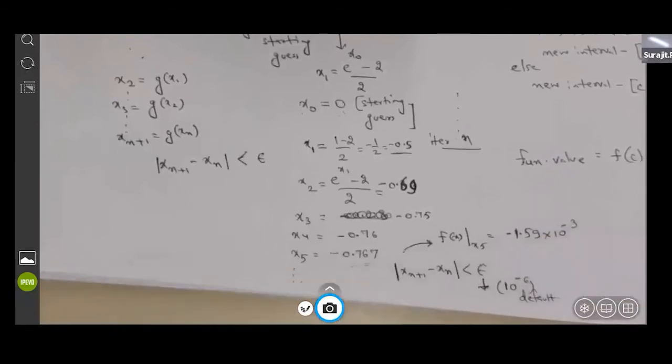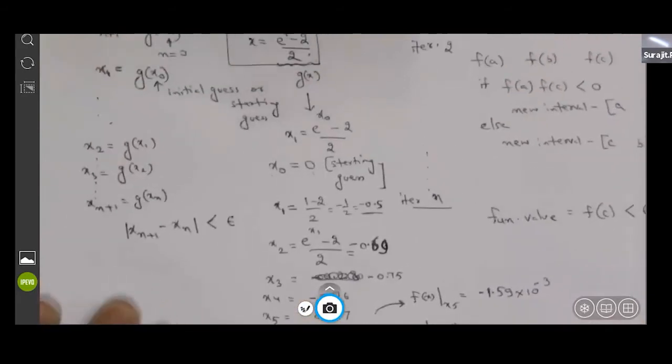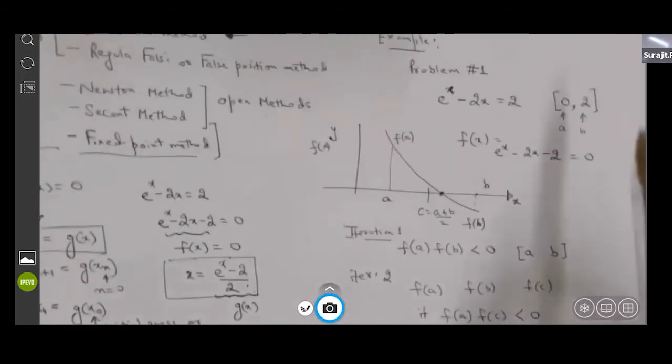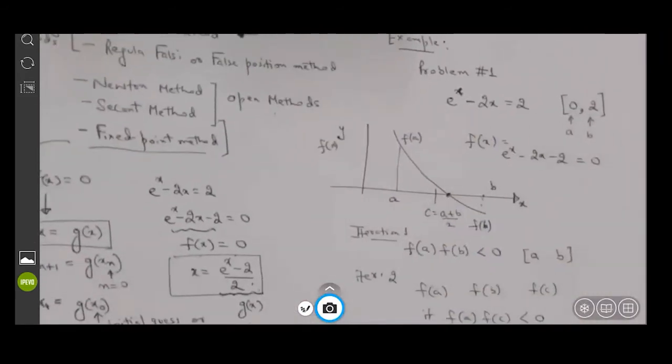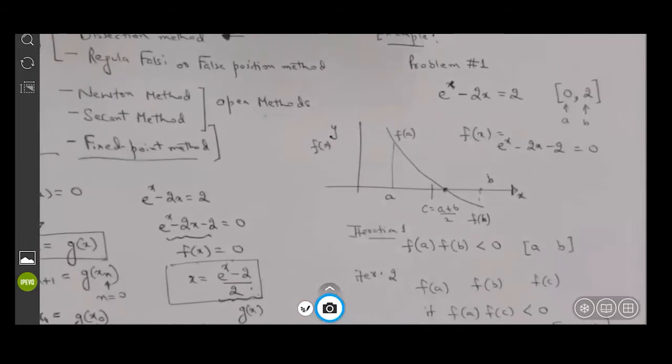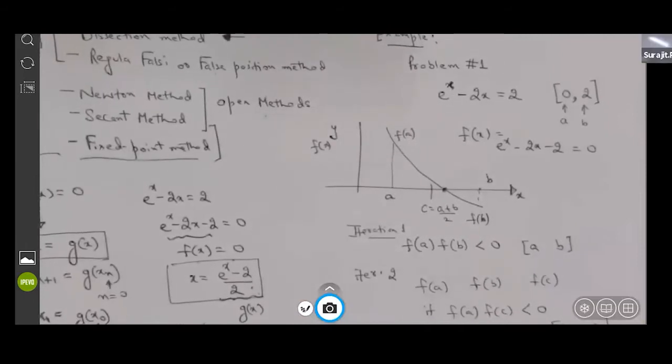Great. Now, I'm not sure if you remembered this. Did we solve this equation using bisection method in the last lecture? Yes, we did. And what value of x did you get using the bisection method?